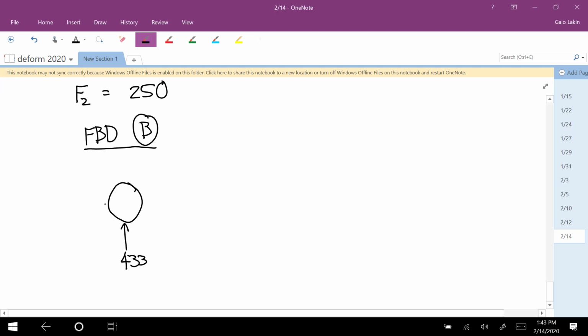There's the force applied by member 2, that's a tension value of 250. And then there's this unknown force F3, but we know the direction.